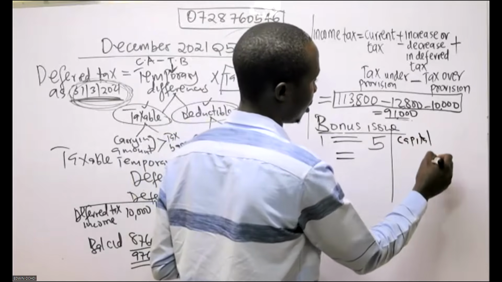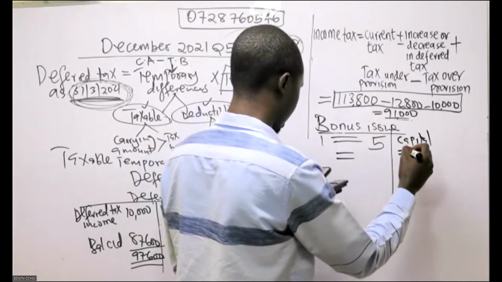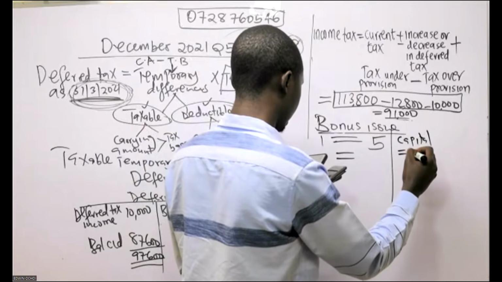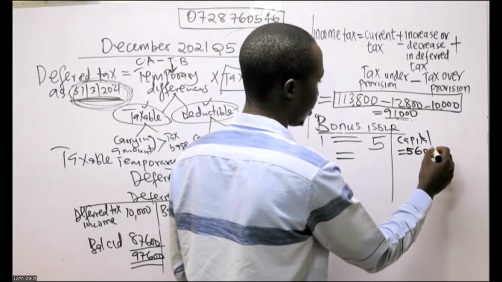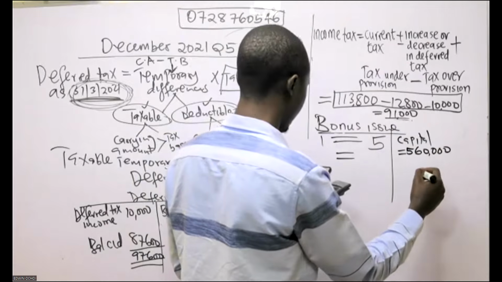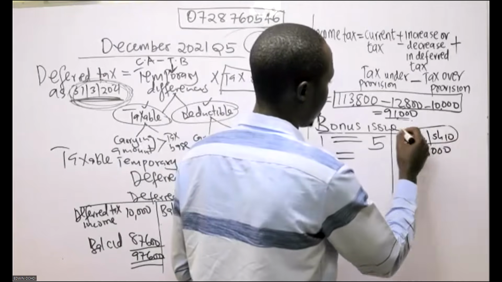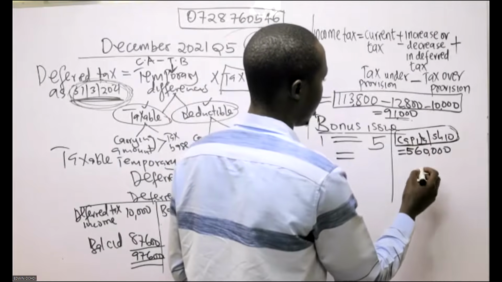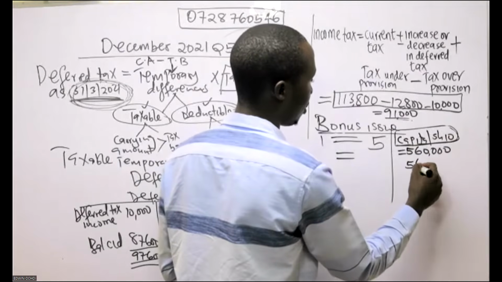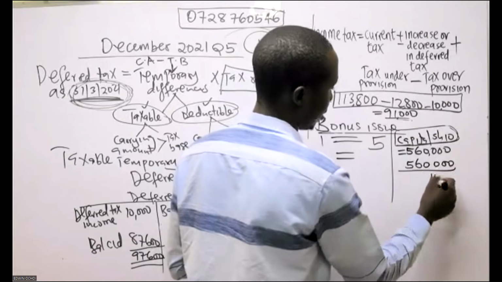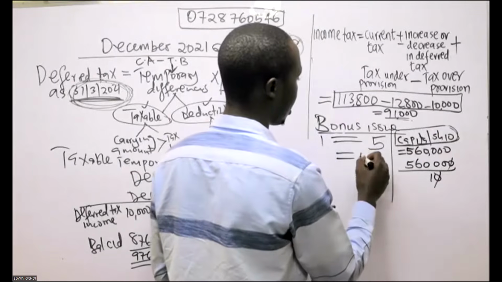The capital was 560,000. The price per share is shillings 10. So for them to raise a capital of this, how many shares did they issue? 56,000.